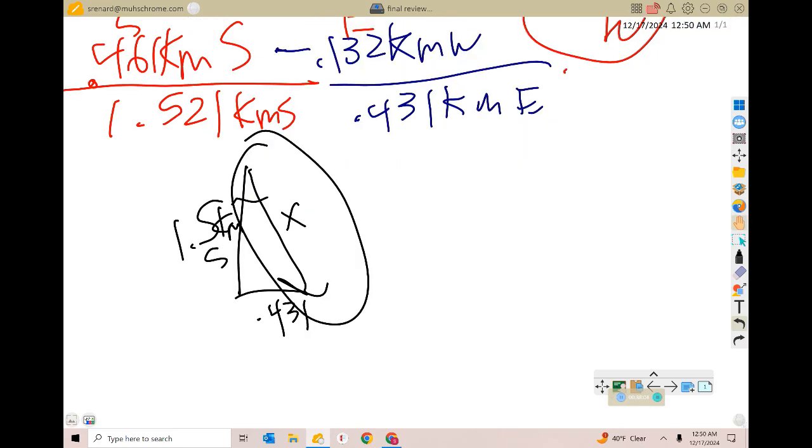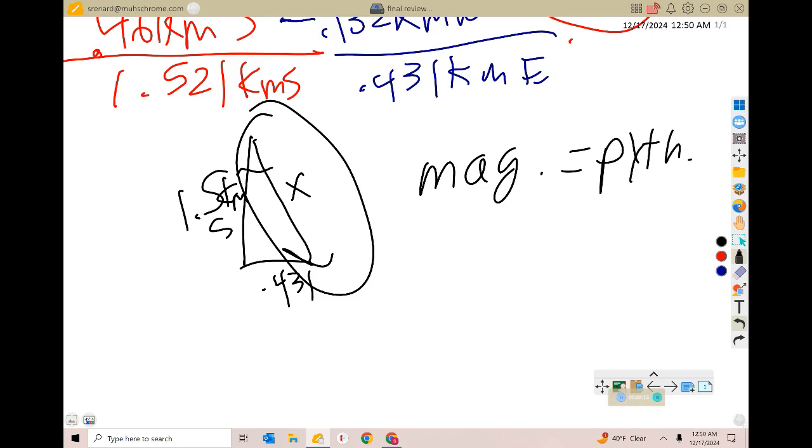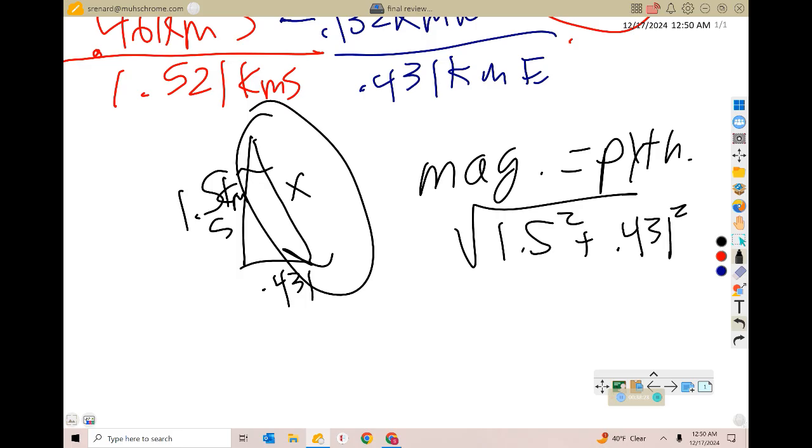Now you should have in your notes that how we figure out the magnitude, which is how long it is, is with the Pythagorean theorem. So we're going to go the square root of 1.5 squared plus 0.431 squared.